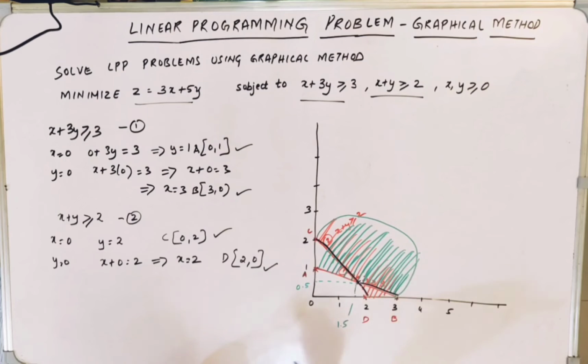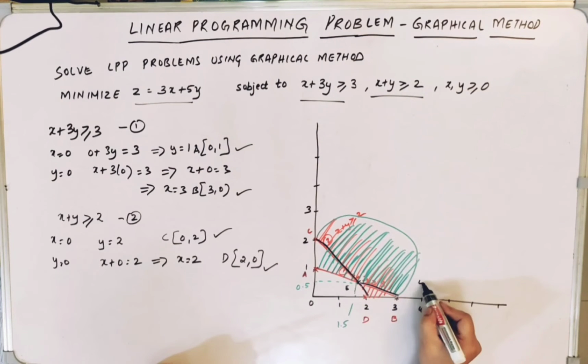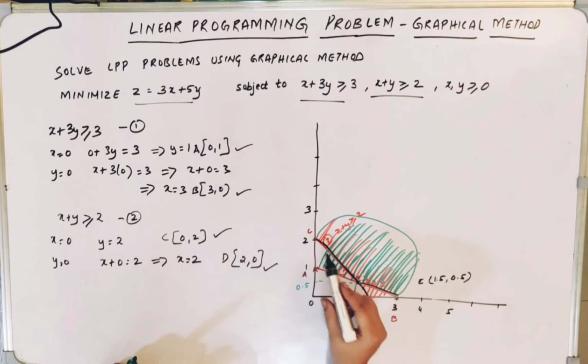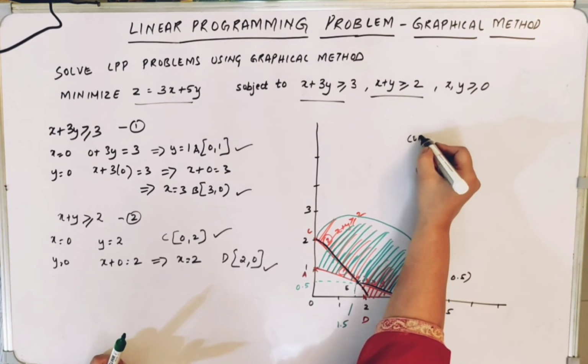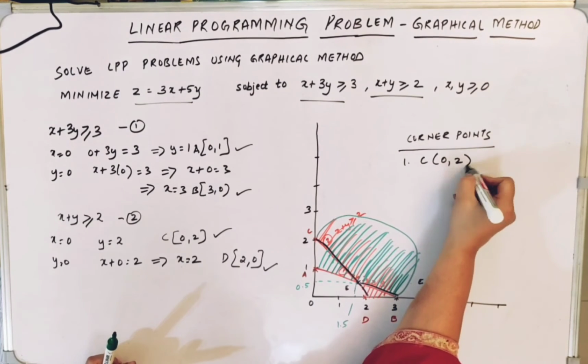So let's call the point E. E is 1.5 and 0.5. So this is our intersecting point. So we have 3 corner points now. Let's write the corner points. First one is C, 0, 2.